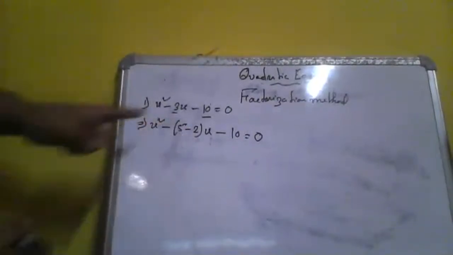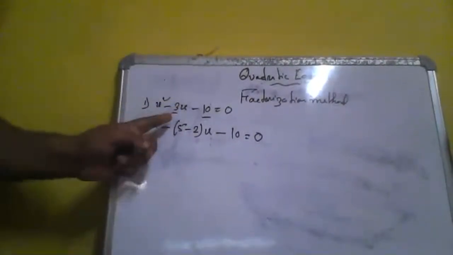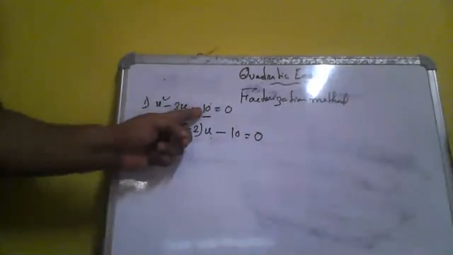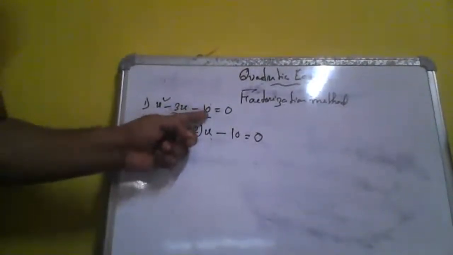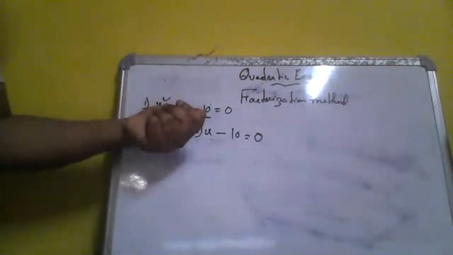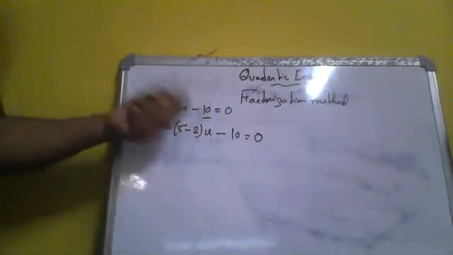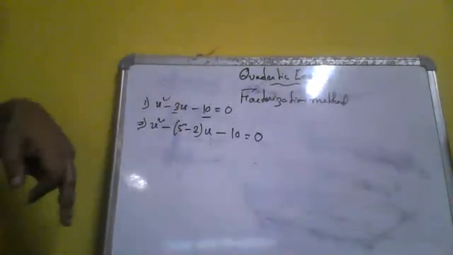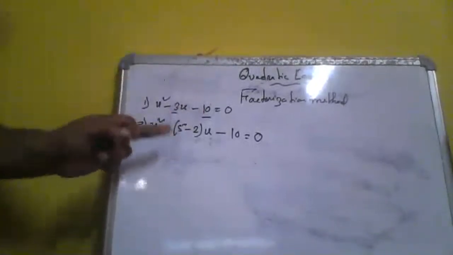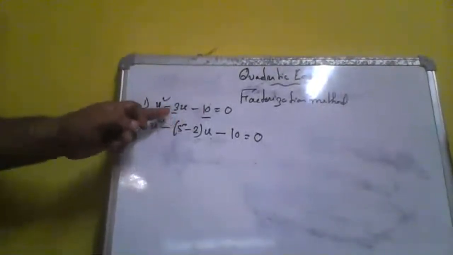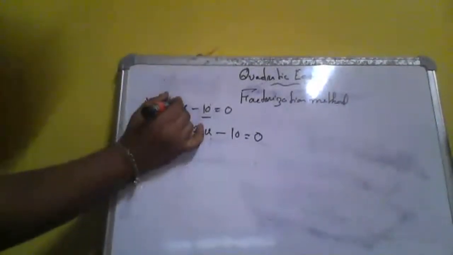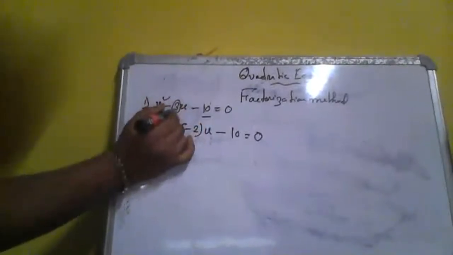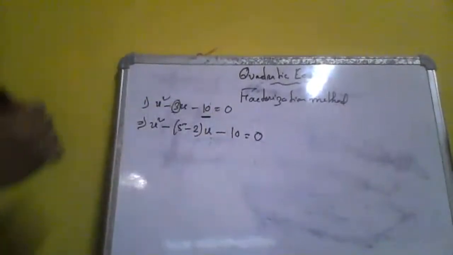Whether the middle number comes after subtract or add depends upon the sign in front of the constant term. In this equation, a minus sign is there in front of the constant term. That means multiplying the two numbers, 10 need to come, and subtracting these two numbers, 3 need to come.